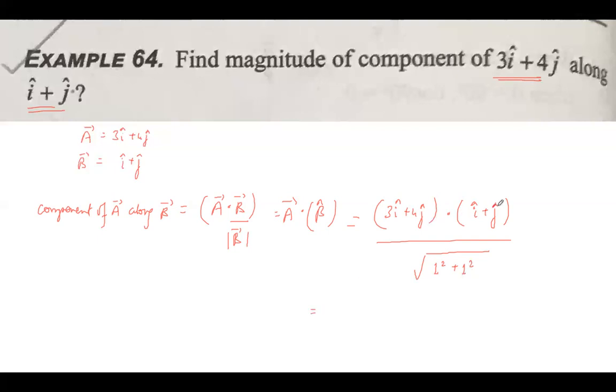When you find the dot product, 3i dot i, 3 into 1, is 3, and 4 into 1 is 4, divided by root 2. So this is 7 divided by root 2, the component of vector A along B. Is it clear?